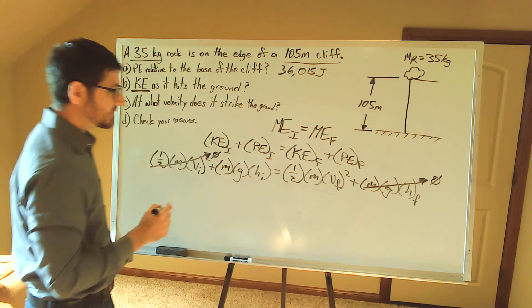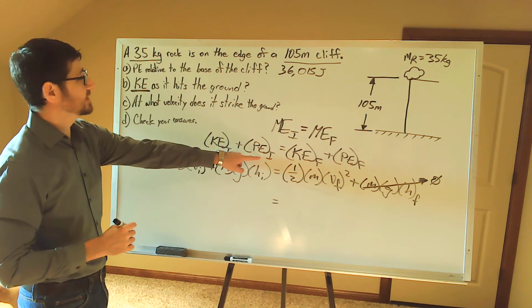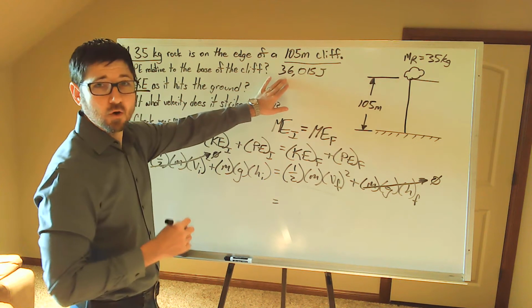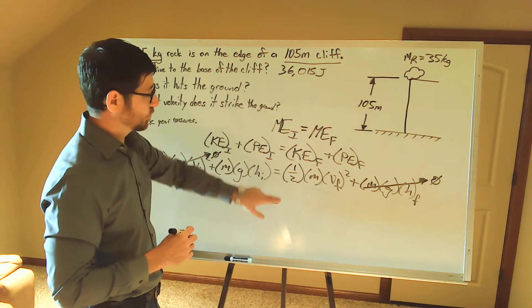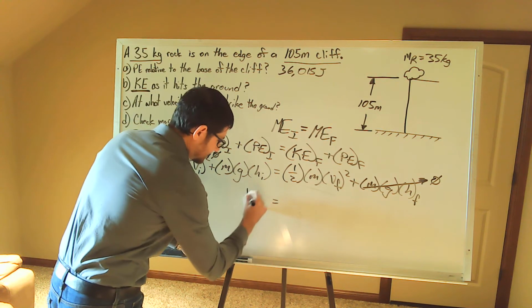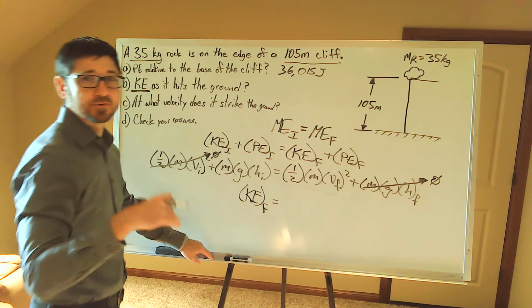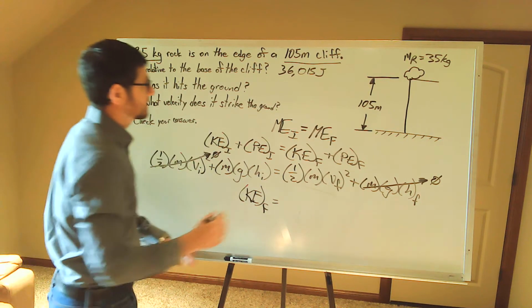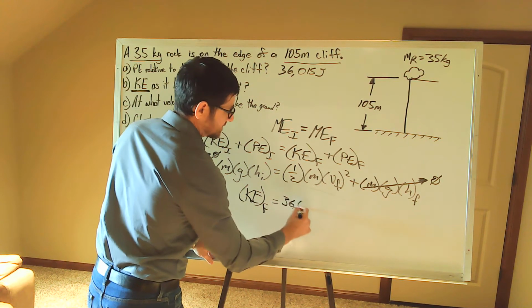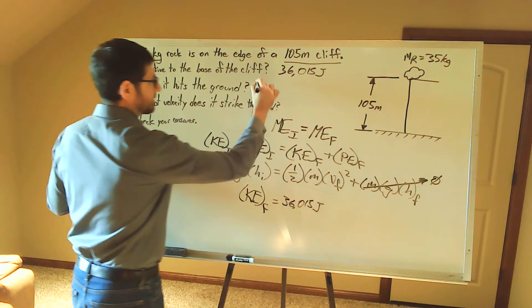Well, so we have mgh, and this is our initial, and we have actually already calculated this. So we know that the final kinetic energy is going to be equal to the initial gravitational potential energy, so 36,015 joules. And I'm just going to write that up here.